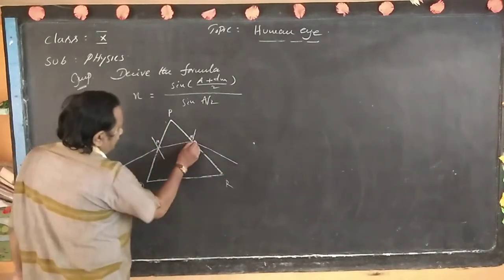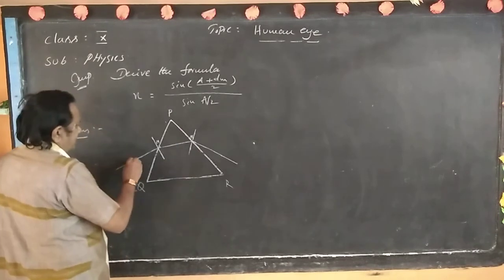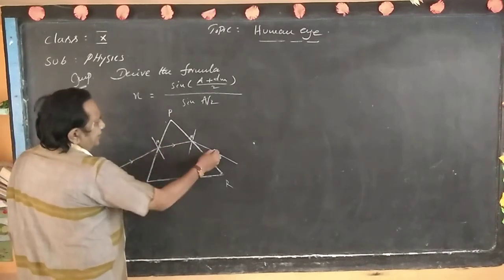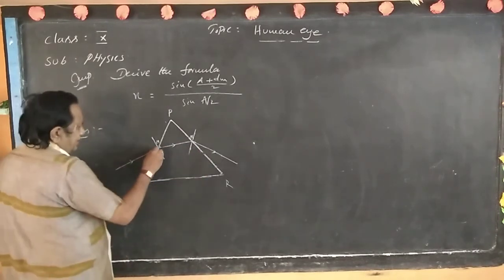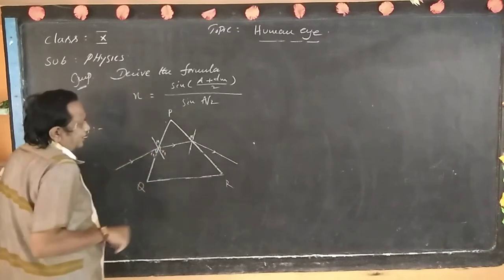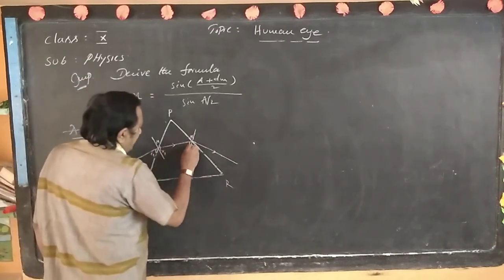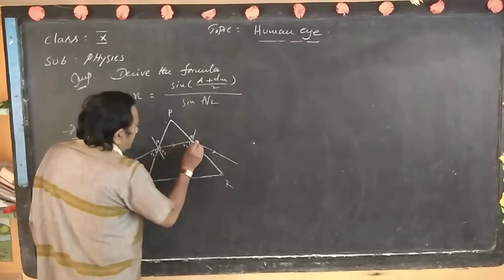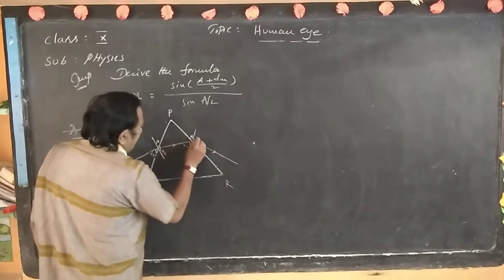So the incident ray, refracted ray and emergent ray are considered. This angle is taken as I1, this angle as R1, this angle as R2, and this angle as I2.